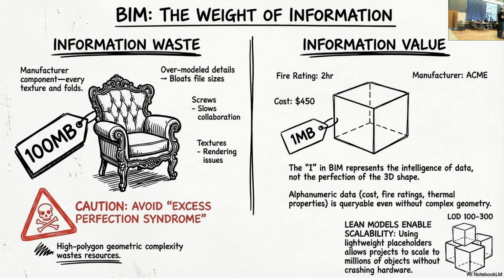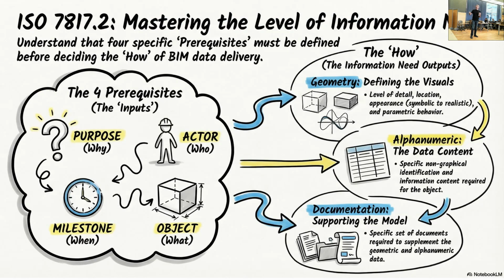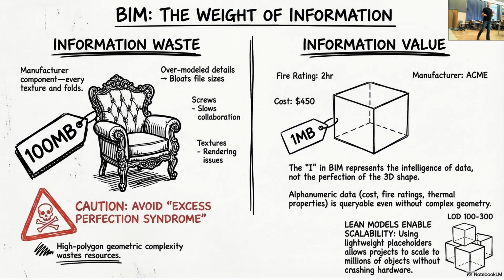Your model should be good enough to provide why, who, what, when. Okay? Why do we need this model? Why, who, for whom, when, and what are we modeling? Okay, so you don't want that. You want this. It's only 1 megabyte, but it has all kinds of information that's needed. Okay, so I don't care about the beautiful chair.